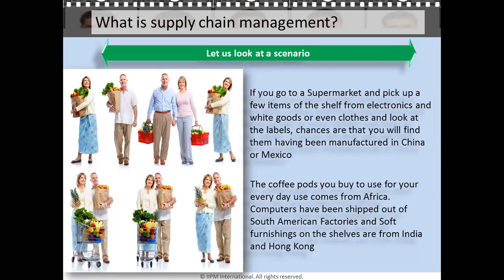The coffee you buy for everyday use comes from Africa. Computers have been shipped out of South American factories, and soft furnishings on the shelves come from India and Hong Kong.